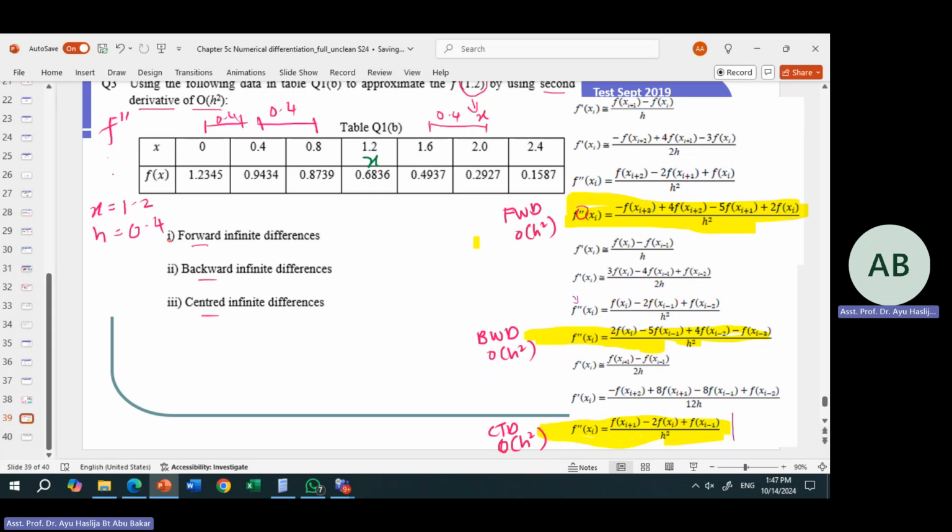It's already given. Second derivative up to level 2, we need x i plus 3, x i minus 3. Okay, so moving forward, plus. Okay, identify your data. So this is your x i plus. Moving backward is your x i minus.